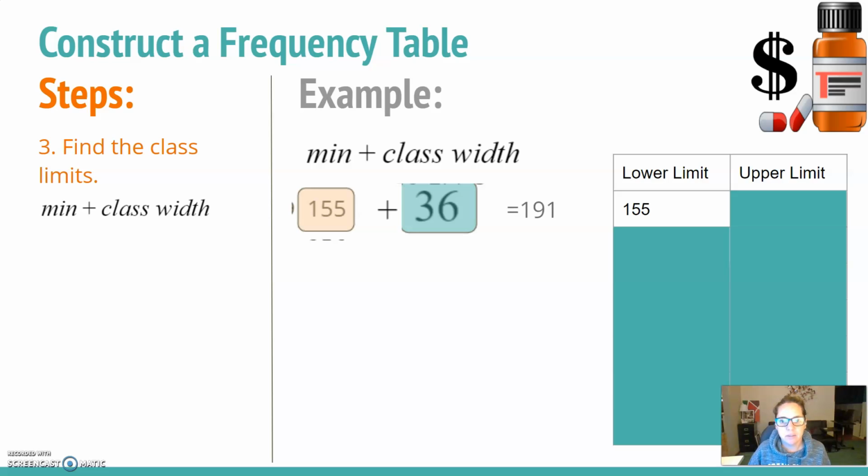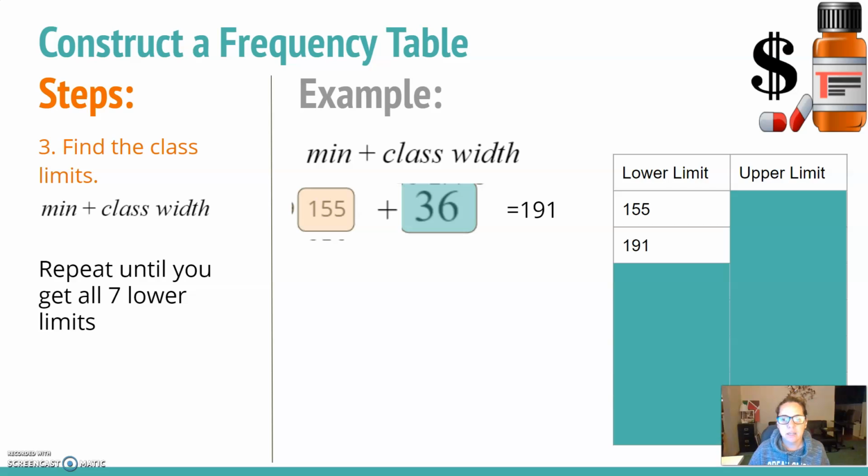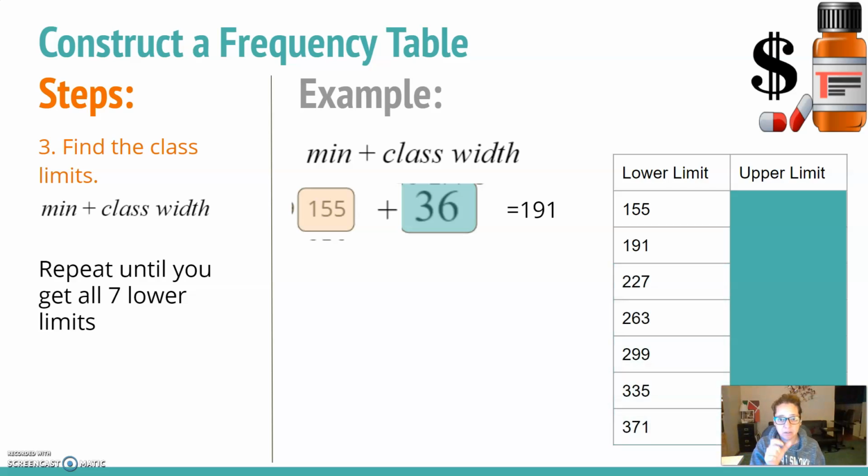So we're going to add that together, and that tells us the next lower limit, the bottom of the next set of information. Well, then we just keep doing that. We add 36 and add 36 and add 36 until we get all 7 classes, the beginning of those classes, those widths. The lower limit is what it's called.